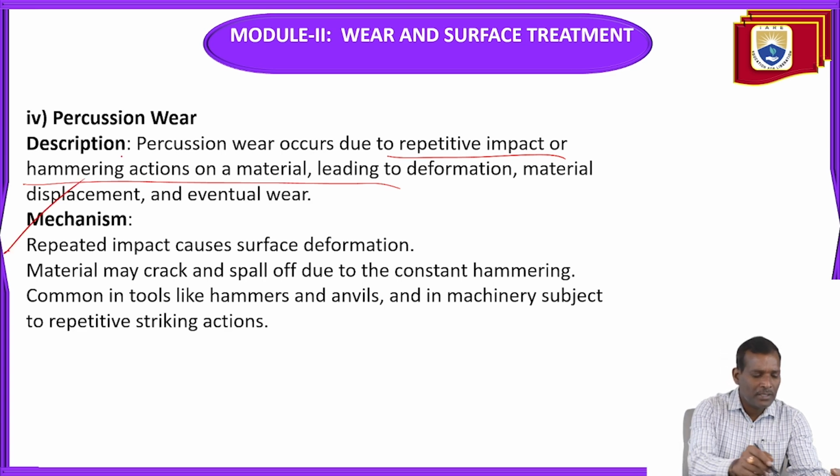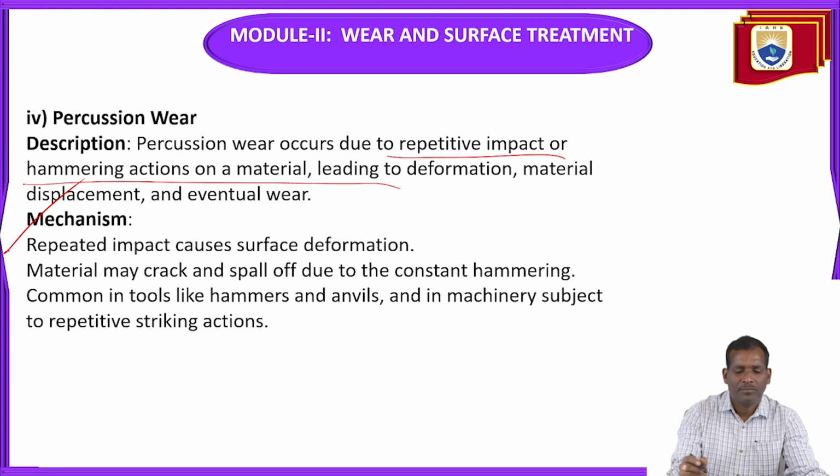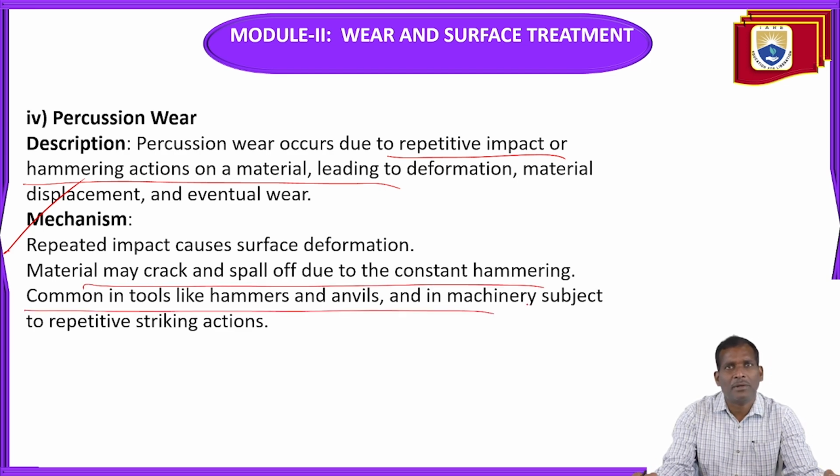The mechanism is that repeated impact causes surface deformation. The material may crack and fall off due to the constant hammering. It is common in tools like hammers and anvils and in machinery subject to repetitive striking actions.